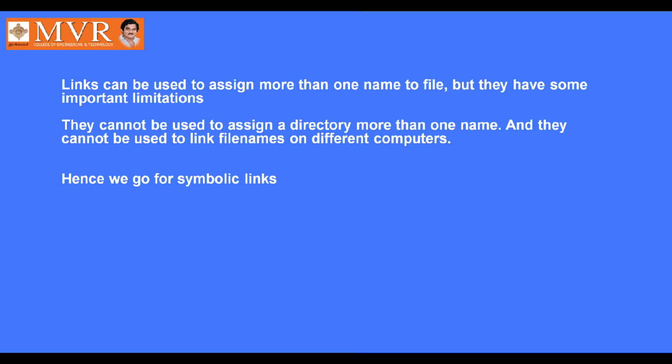The ln command can only be used to create links to files on the same computer. You cannot use this command with files which are not on the same computer. That's why we will use another concept called symbolic links. We will discuss it in the next slide.